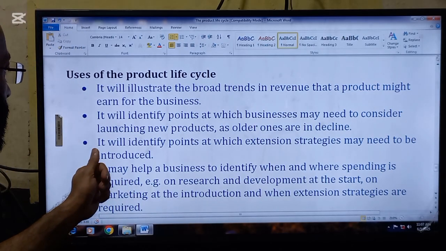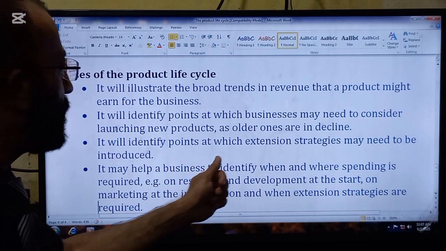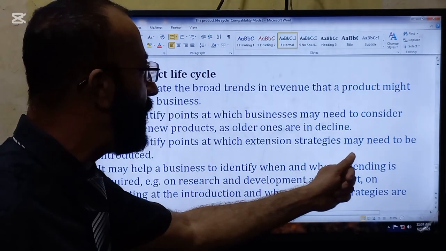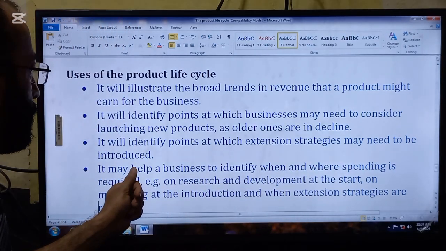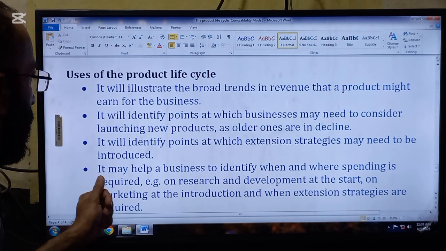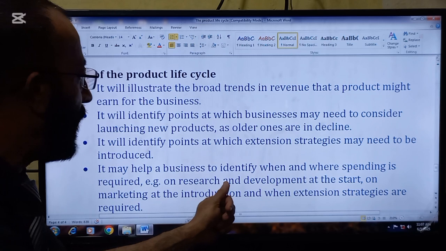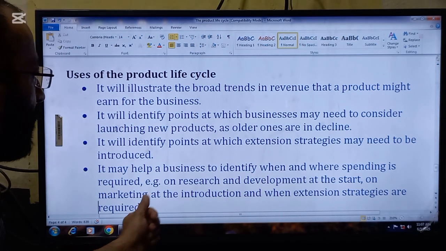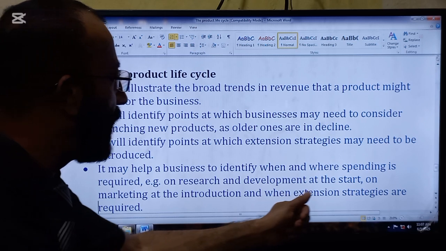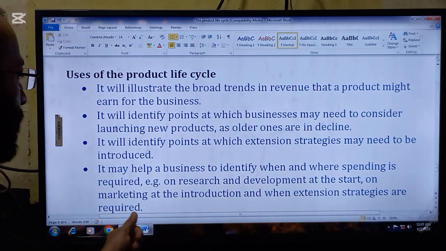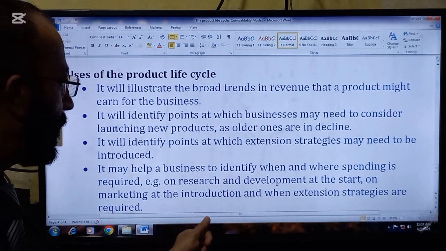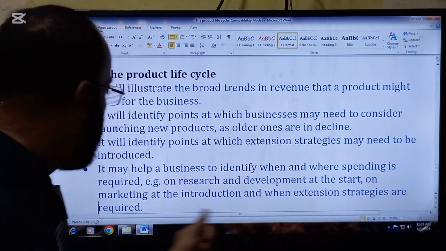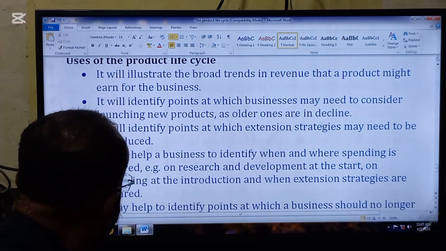Next benefit is it will identify points at which extension strategies may need to be introduced. Next benefit is it may help a business to identify when and where spending is required, for example, on research and development at the start, on marketing at the introduction, and when extension strategies are required.